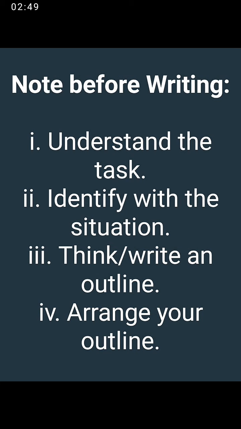Now, you have a question in front of you, and the question says, write a letter to your uncle who is living abroad, seeking his assistance for you to be able to register your WAEC, as your parents are not able to foot the bill.